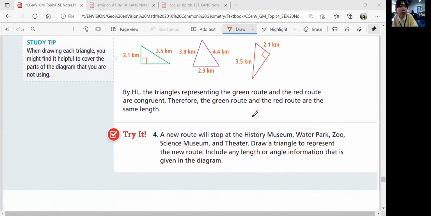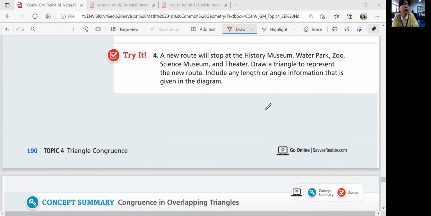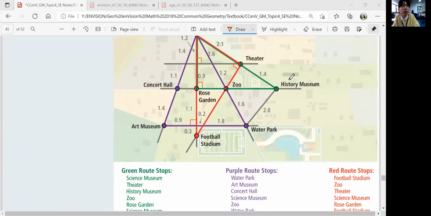Let's look at try number 4. A new route will stop at the History Museum, Water Park, Zoo, Science Museum, and Theater. Draw a triangle to represent the new route. Include any length or angle information that's given in the diagram. So we're gonna stop at the History Museum, which is here, okay?